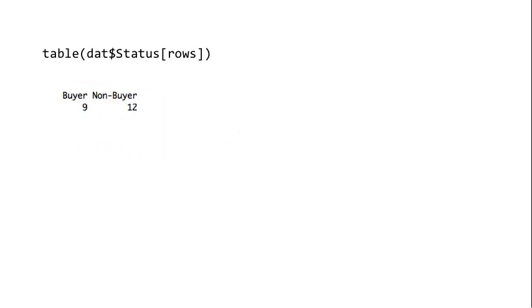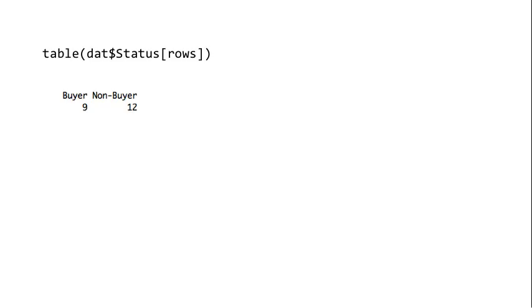Now is this a representative sample of the original data? In the original data, remember, there were 10 buyers and 20 non-buyers. There were twice as many non-buyers as buyers. But in the sample that we generated, there are 9 buyers and 12 non-buyers. Ideally, the 21-row sample should also have twice the number of non-buyers as buyers.